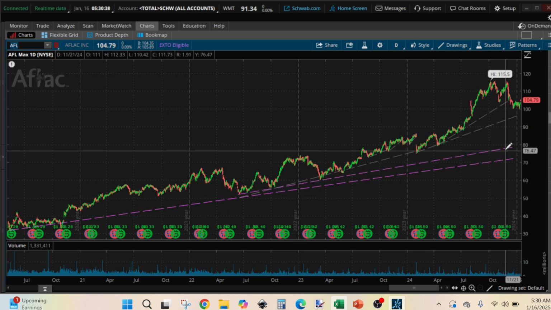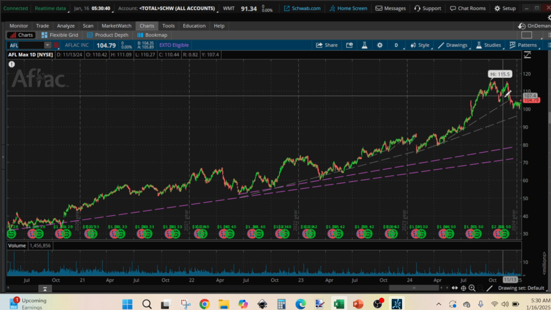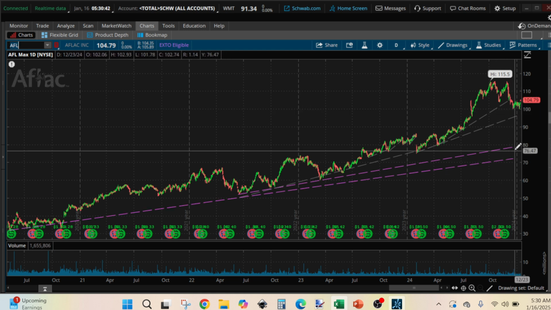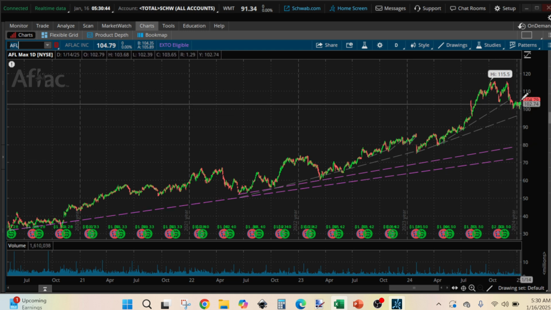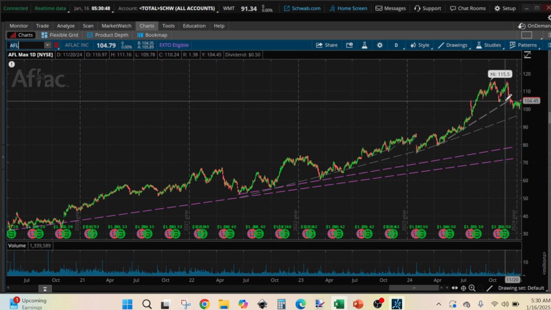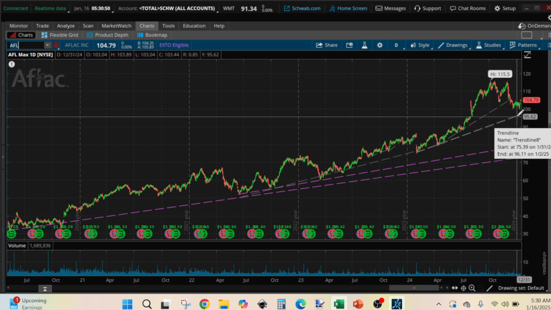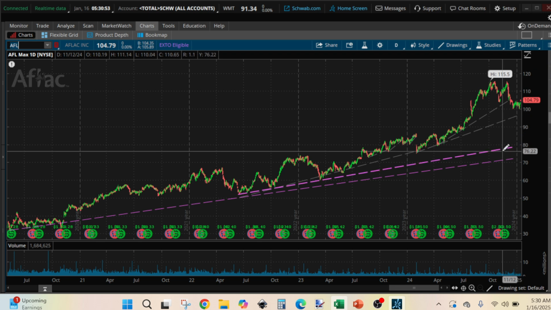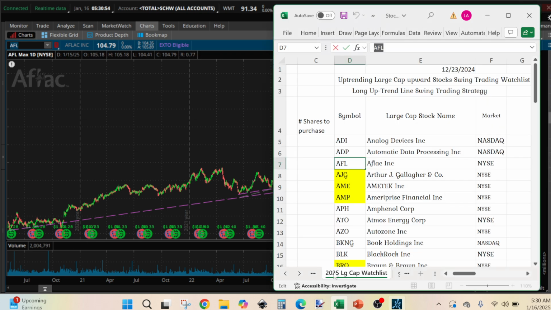AFL is far from where we like to buy, but it seems to be following this trend line. This trend line ended, and it could be following this one, but it's still far from where we like to enter.